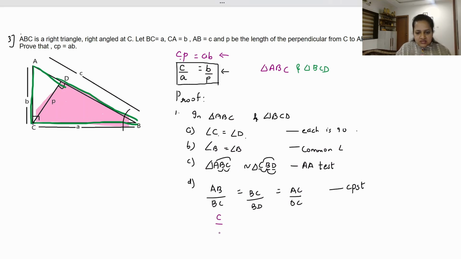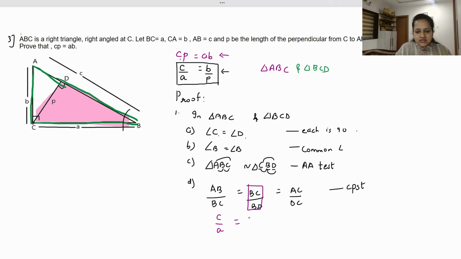What about BC? BC is a. Again, we have BC, a, and we have BD. Do we know BD? No, we don't know BD. That means we will not be using this proportion. We don't need this part for now.